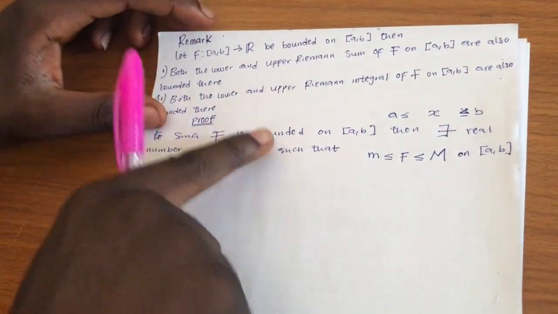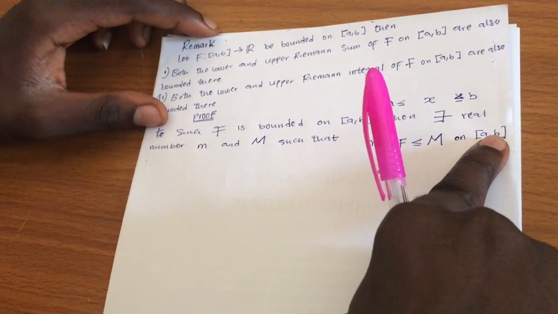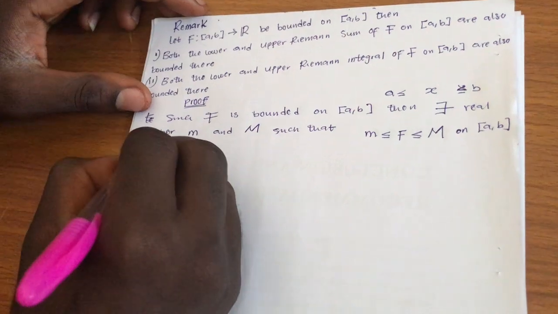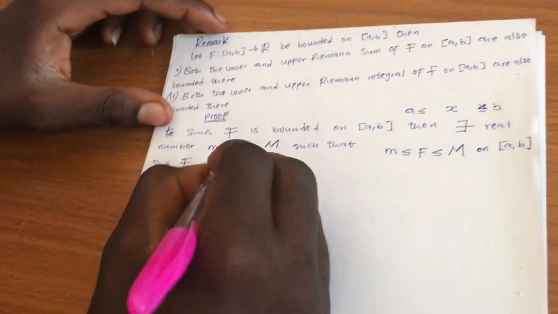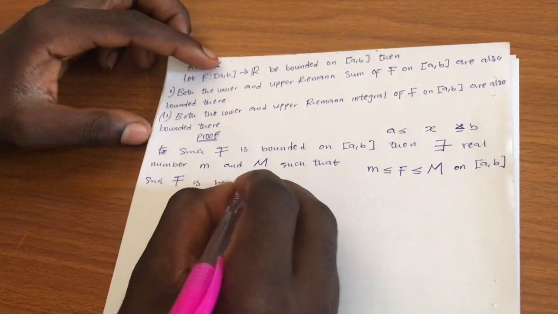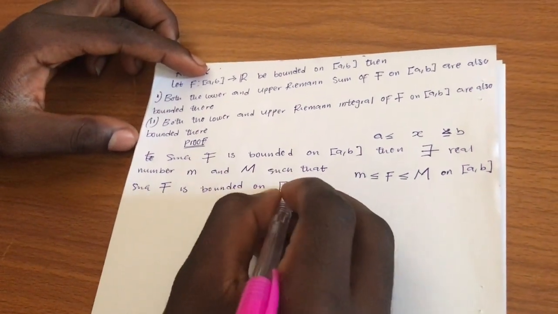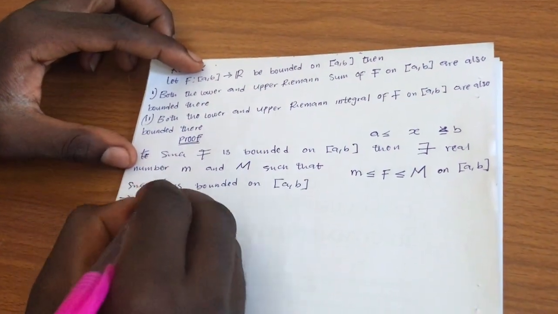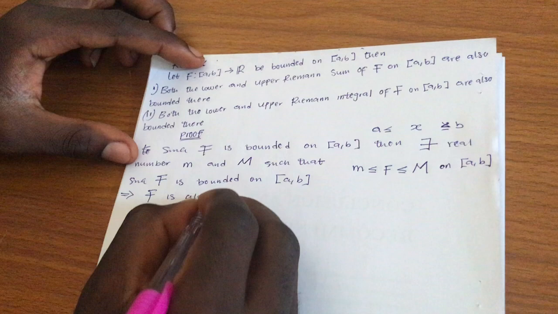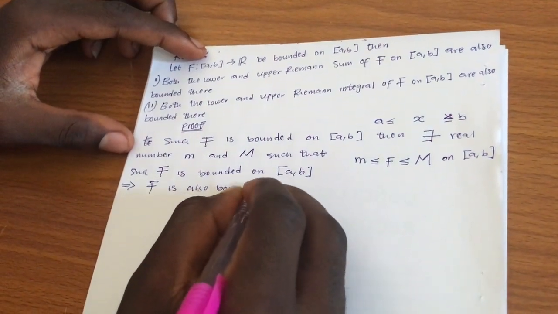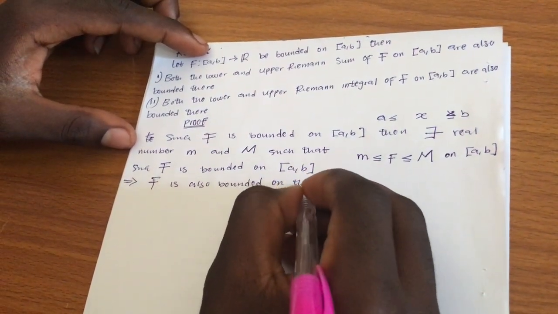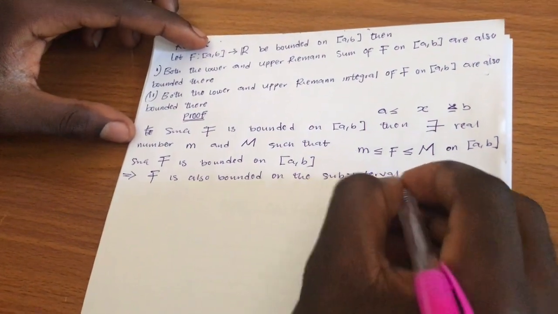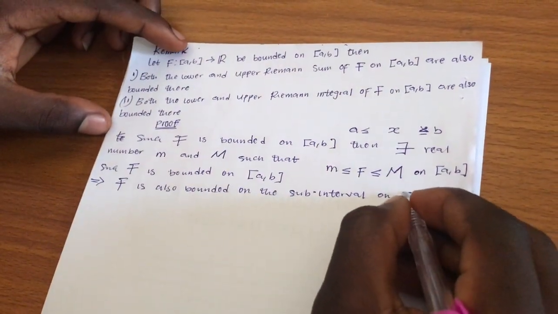Also, if f is bounded on this interval, f will also be bounded on the sub-interval. So, since f is bounded on [a, b], this implies that f is also bounded on the sub-interval of [a, b].